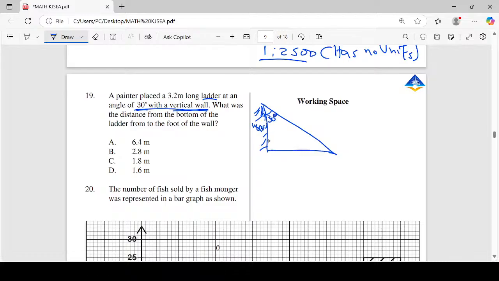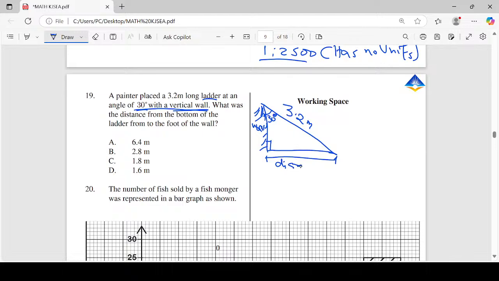Remember, the wall is vertical, so it makes an angle of 90 with the ground. The ladder is 3.2 meters. So they want the distance from the bottom of the ladder to the foot of the wall, to here.